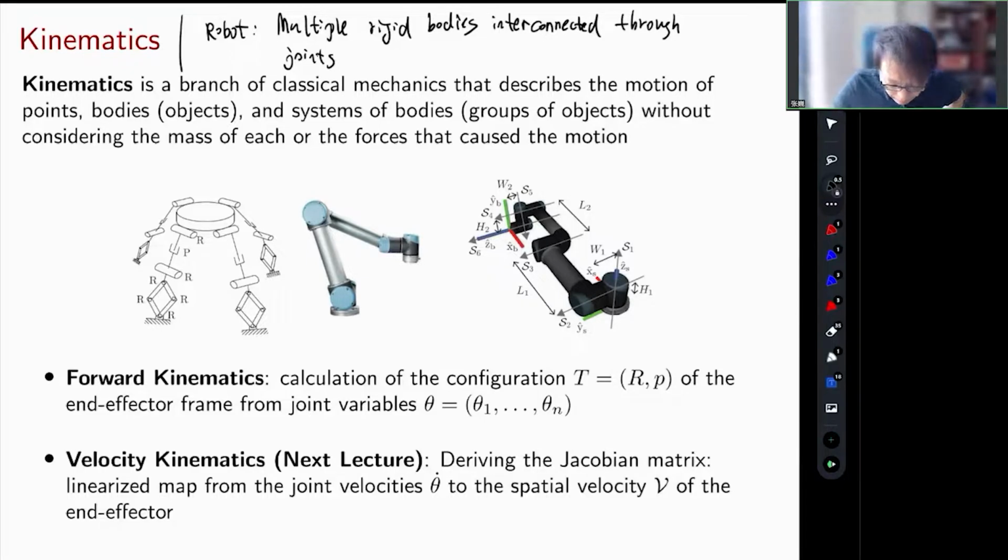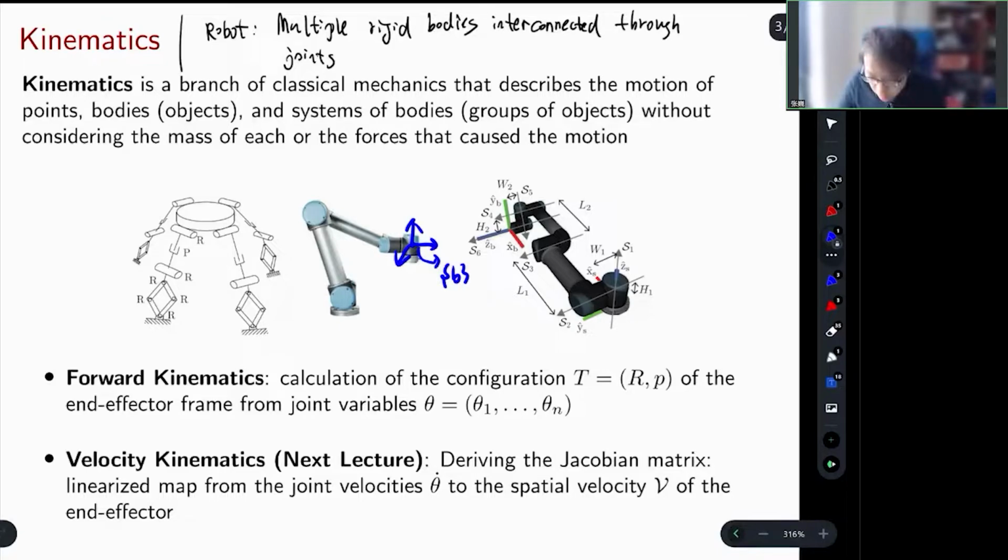So forward kinematics is really about if you have some part of the robot you're interested in, you want to know its pose or configuration in space. For example, if I have a robot, let's say this is a UR3 maybe. I may be interested in this end-effector frame, maybe called B frame. So I want to know the configuration or pose.